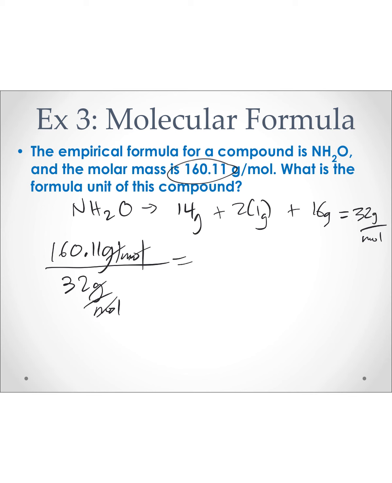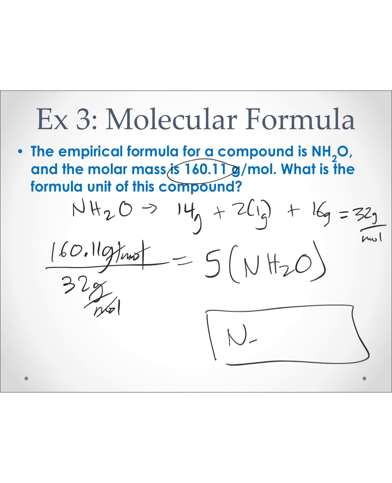If I do the calculation, in my case, it's going to be a nice 5, or very, very close to 5. So the real formula, or the molecular formula, is going to be 5 times the empirical formula. So the answer will be N5H10O5.